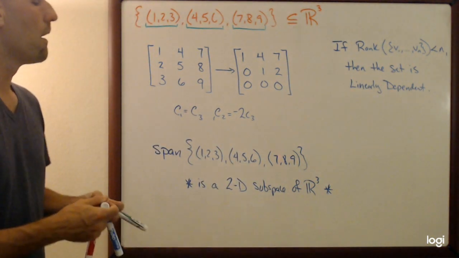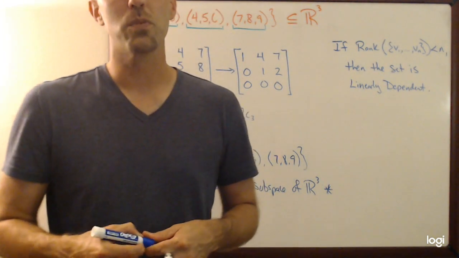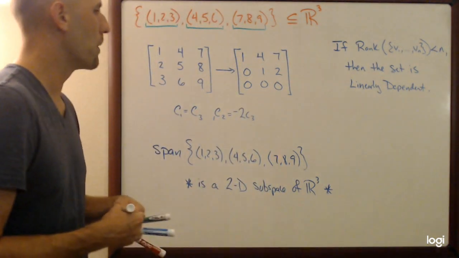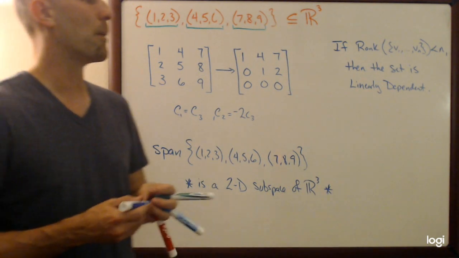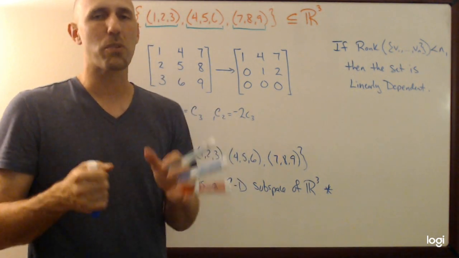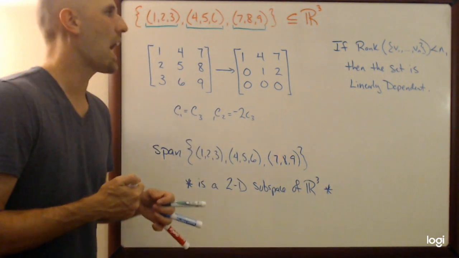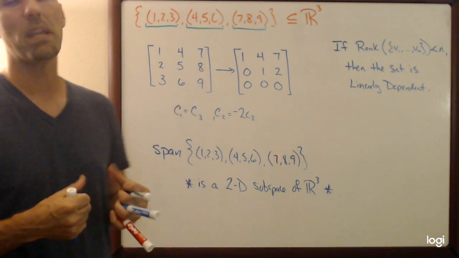So this is very nice for us. We've talked about what linear independence and linear dependence are, how we can find those things, and how we can find dependency relations. But for a very special case, Rn, we have a much cleaner, quicker way of determining dependence and independence.